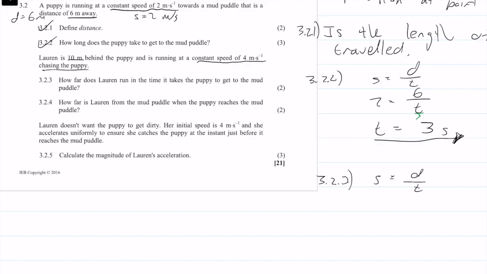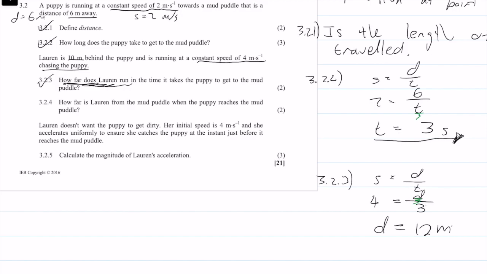So Lauren's speed is 4. Then the distance is what we're looking for, and the time that it takes the puppy to reach the puddle was what we calculated before, so that's 3. So the distance is the only unknown in this equation, so we can solve for it. So the distance is equal to 12 meters.